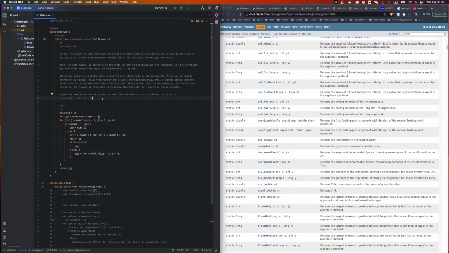If k is not an int, we take the ceiling of it.